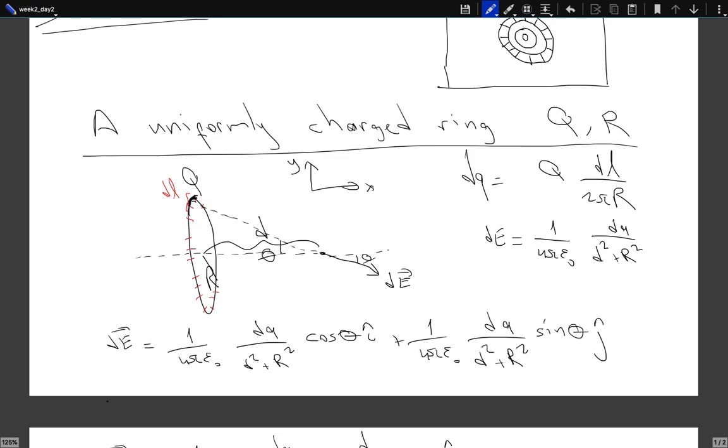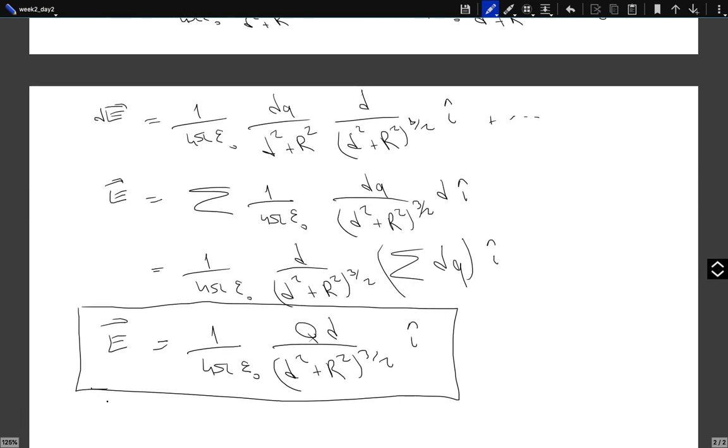When you're at the center of the ring, there is an equal electric field coming from all tiny segments of the ring, and they cancel each other out. Basically, there are symmetrical segments. The electric field from this segment and the electric field from this segment are pointing exactly in opposite directions, and they have the same magnitude, so they just cancel. So that limit makes sense. When d is equal to 0, our answer makes sense.